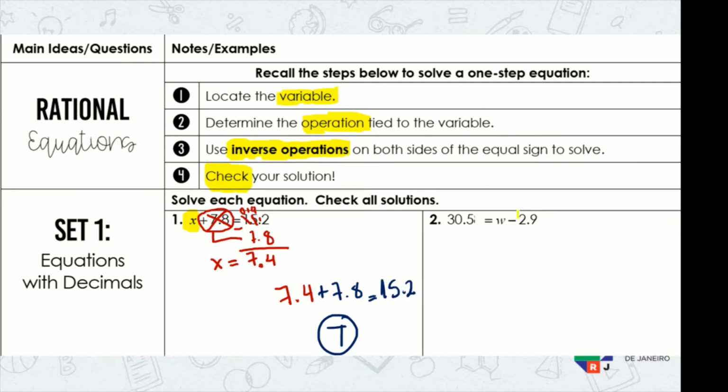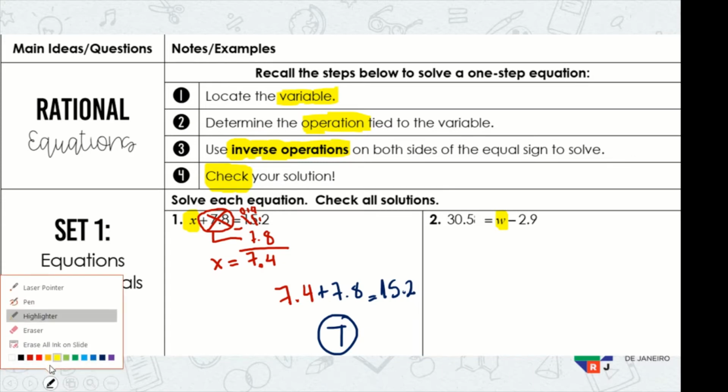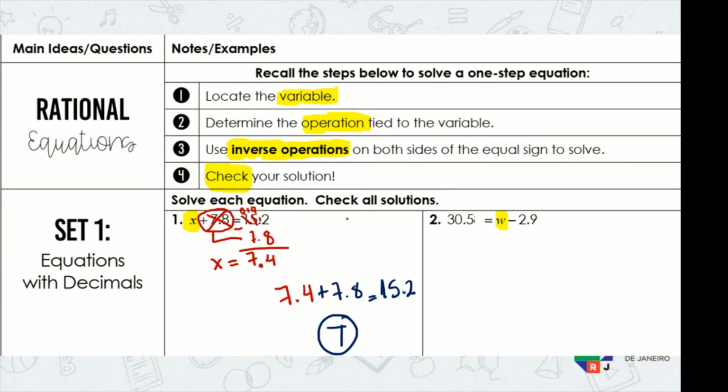Here's my variable, W. Right now, what is the math operation tied to the variable? What is the math operation tied to the variable, guys? Subtracting 2.9. What is the opposite of subtracting 2.9? What is the opposite?